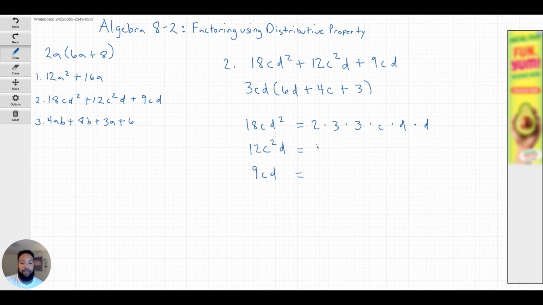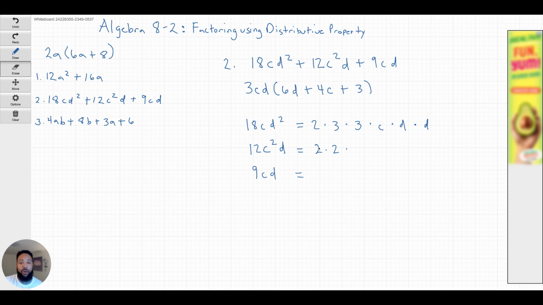So with 12, we have 2 times 2, which is 4, times 2 is 8. Again, we can't continue to use 2's in order to get to this 12, because at some point we're going to have to use a 3. So I'm going to back it up.